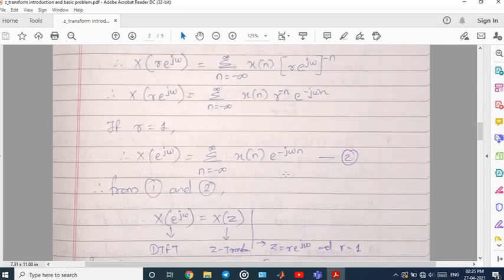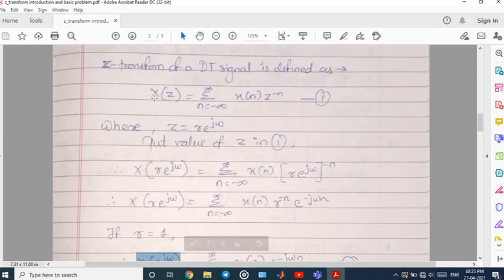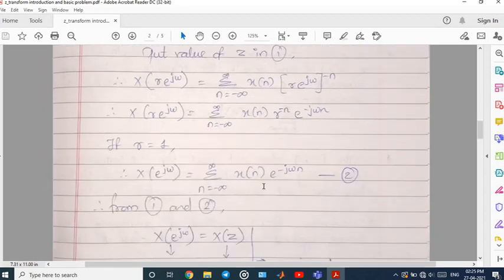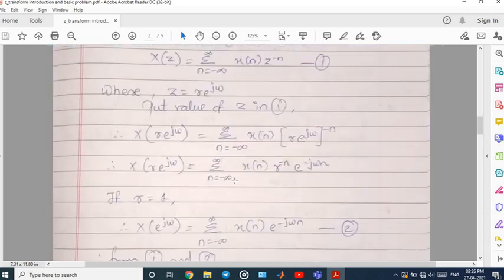So combining both the equations, we can see that x of e to the power j omega is equal to this. Equation number 1 and equation number 2 are the same when r equals 1. Equation number 2 is this one, and equation number 1 is this one.